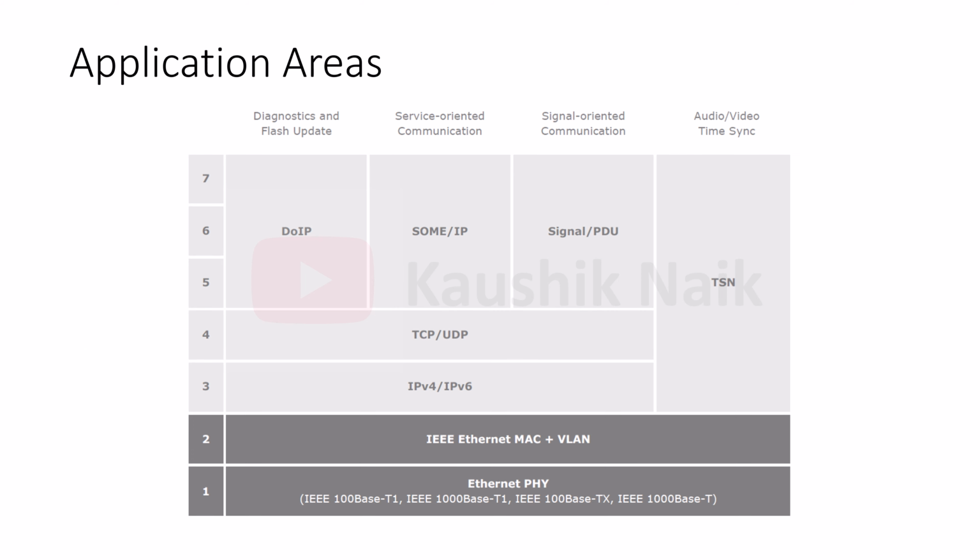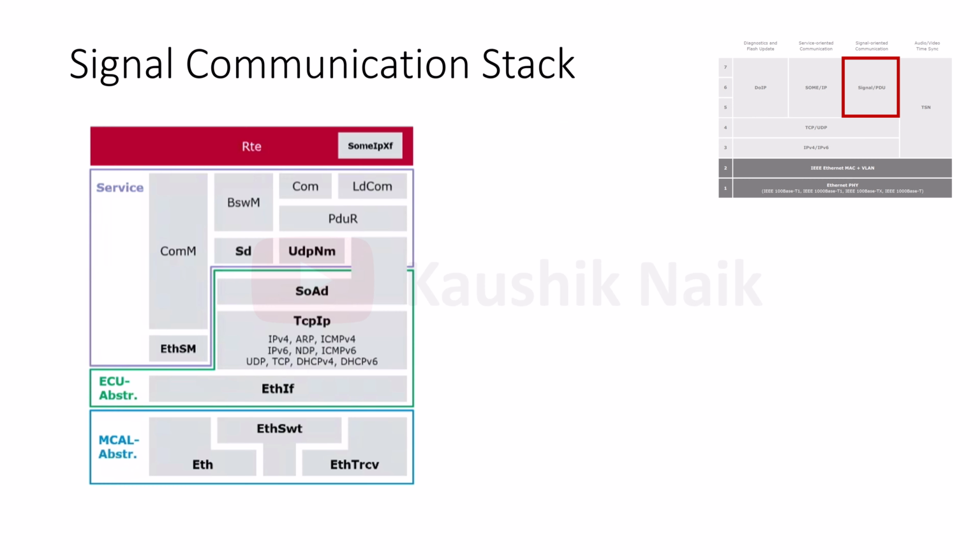Now let us discuss in detail the different application areas and how they look with respect to classic AUTOSAR. We shall also see which classic AUTOSAR modules are involved for different use cases and also touch on the data path. First, let's discuss the usual signal communication stack.